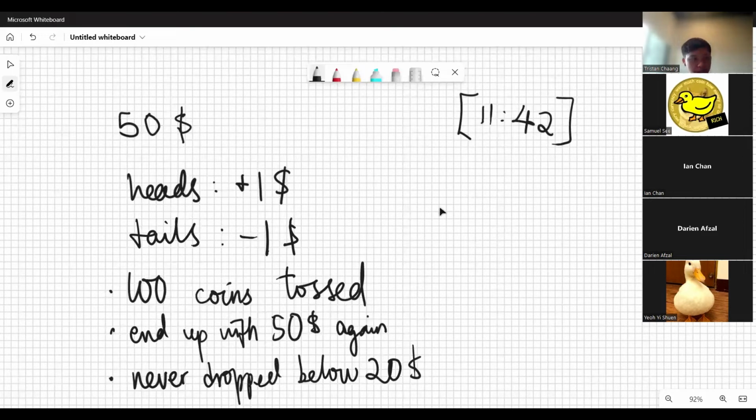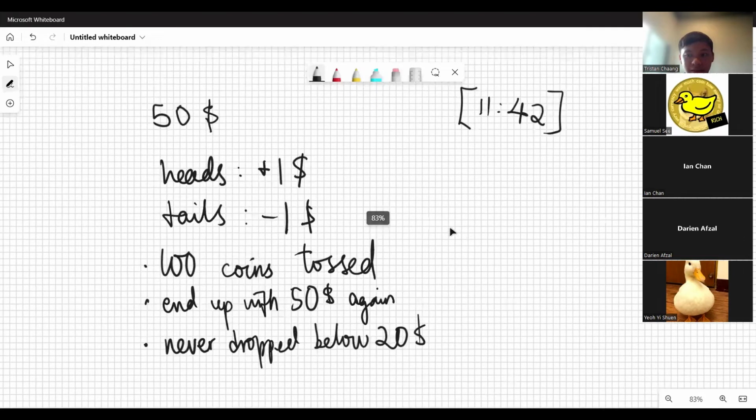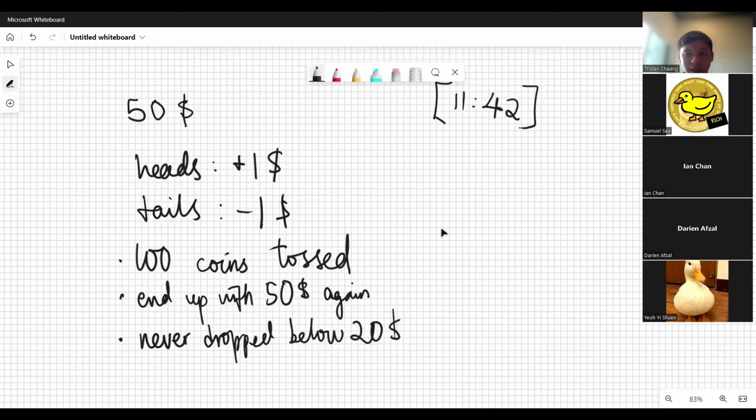Okay. So one person solved the easier version, without the third condition. Anyone else? Okay, I saw a few answers, and yes, they are all correct. Without that third thing, it's not 2 to the power 100.